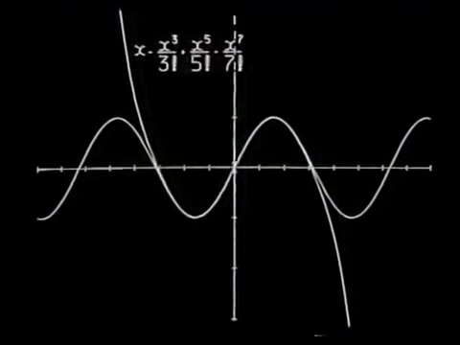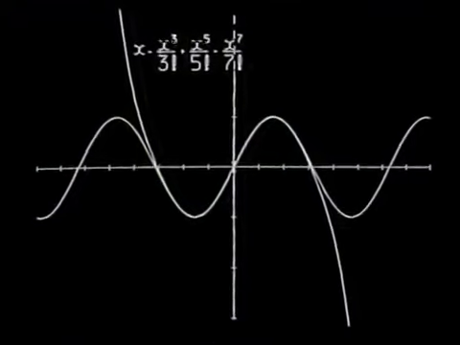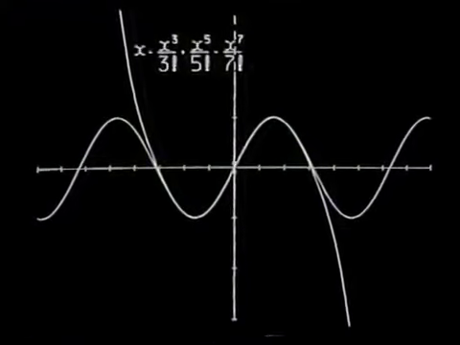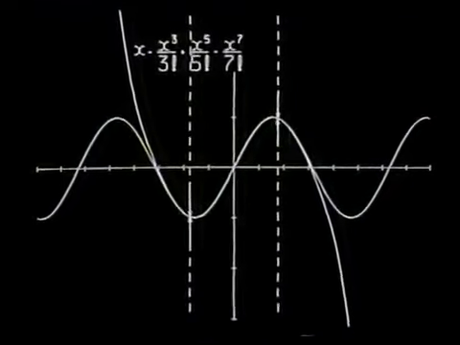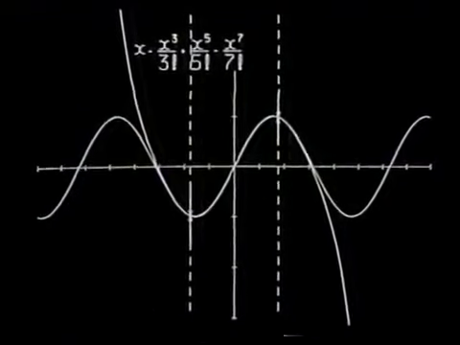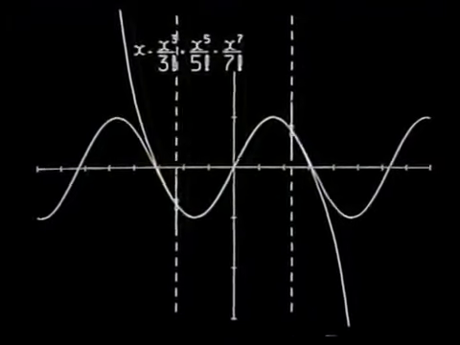Here at the origin, the difference is 0. Now, see how it changes as we move away from the origin. Between these dotted lines, the 7th degree polynomial is accurate to 3 decimal places. Here it's 2 decimal places.